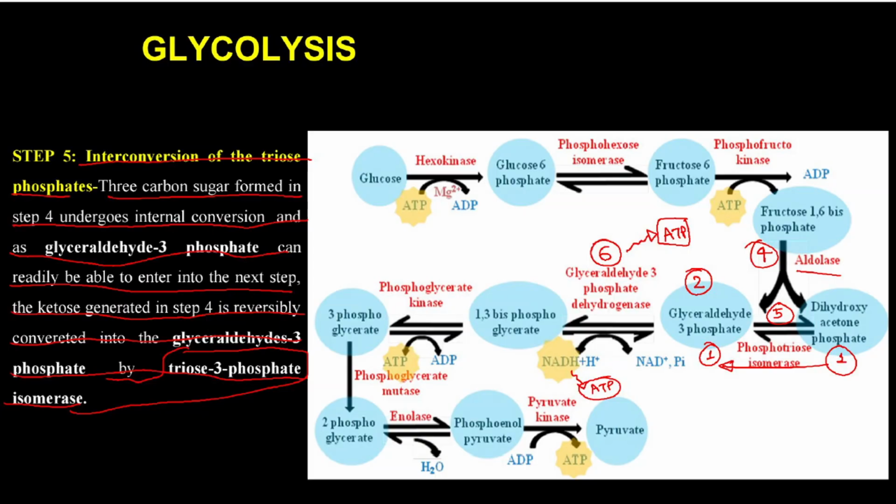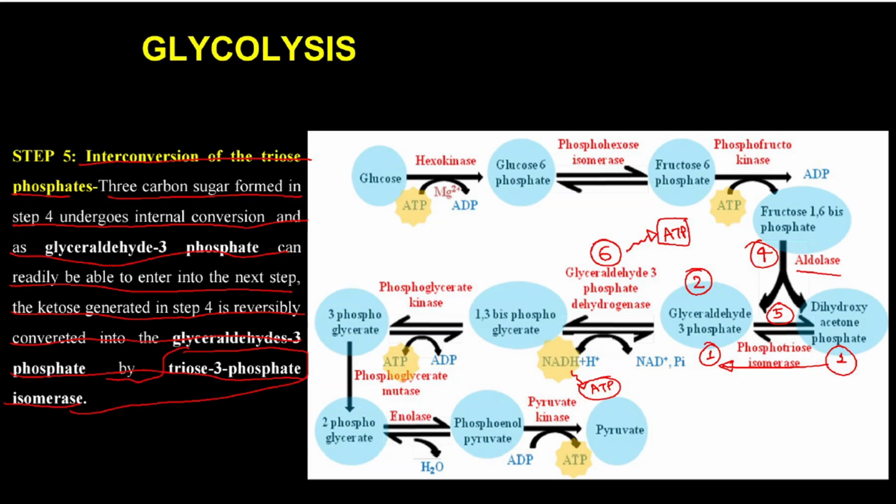Okay, next is step 5. Now, as you can see, both glyceraldehyde 3 phosphate and dihydroxyacetone phosphate are in equilibrium, that is, they can interconvert between each other. Okay, so step 5 is what? Interconversion of triose phosphates. The 3 carbon sugar formed in step 4 undergoes interconversion, as glyceraldehyde 3 phosphate can readily enter into the next step.